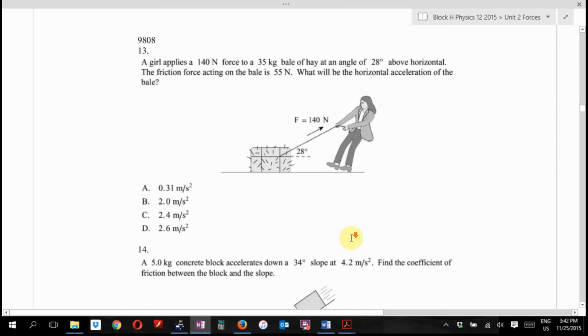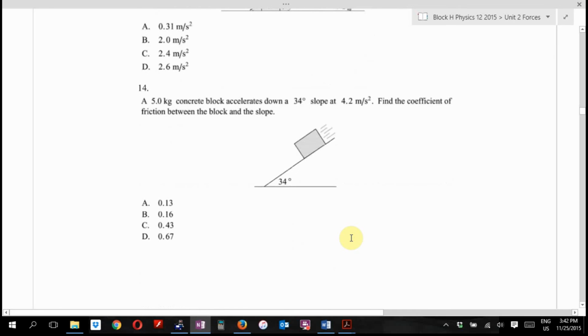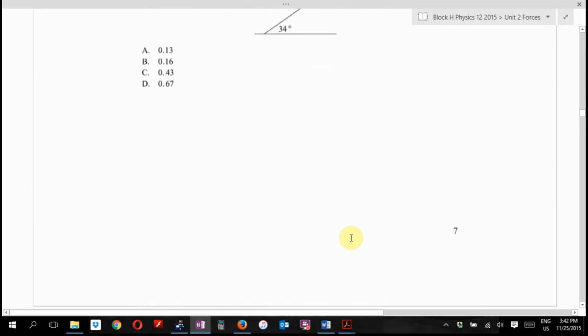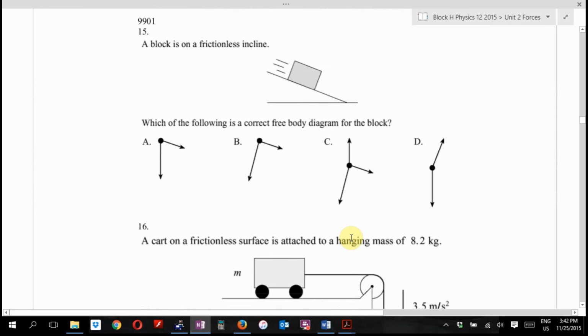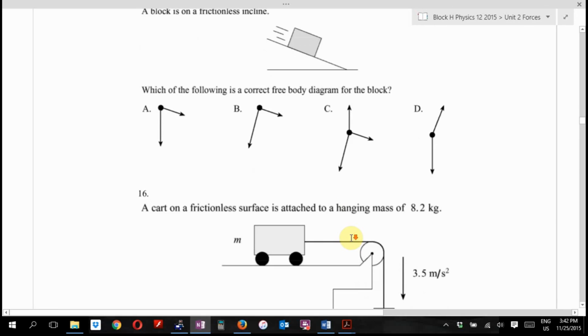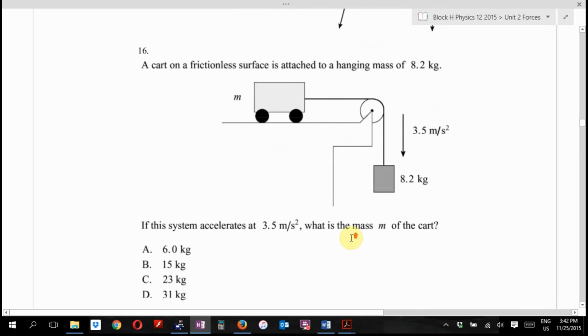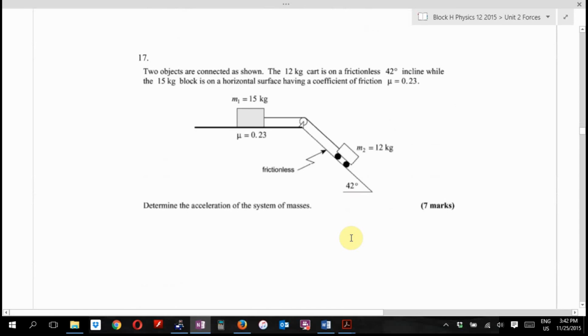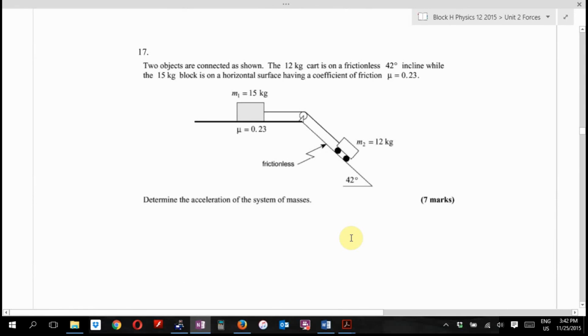Thirteen, lawnmower question, is good. Somewhere like number 15, I'm going to ask you to draw a free body diagram on the multiple choice section, and I will ask you to draw a free body diagram on the written section of your test as well. Sixteen is the same as finding a mass. We've done a couple of those already, but there's going to be a finding a mass question here.